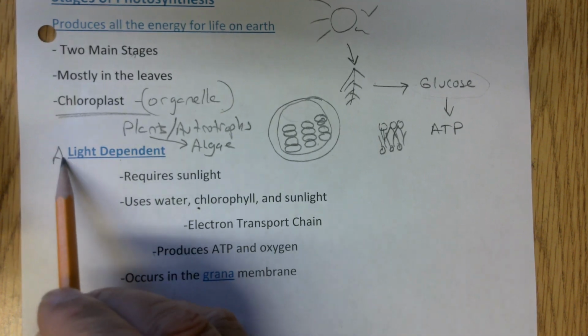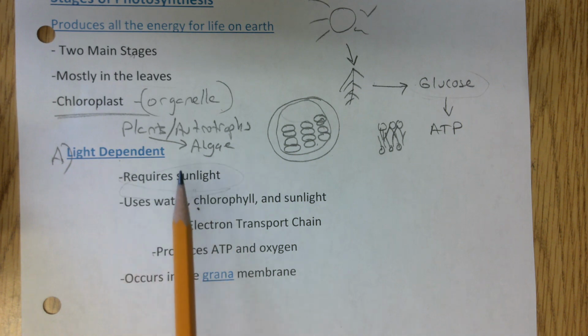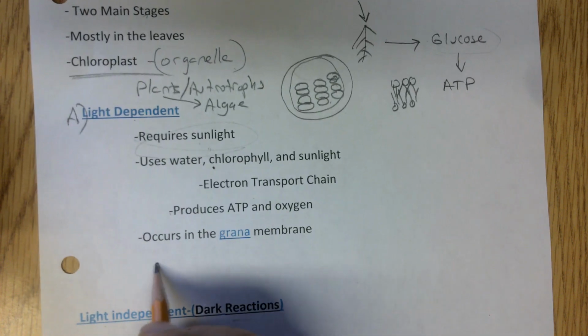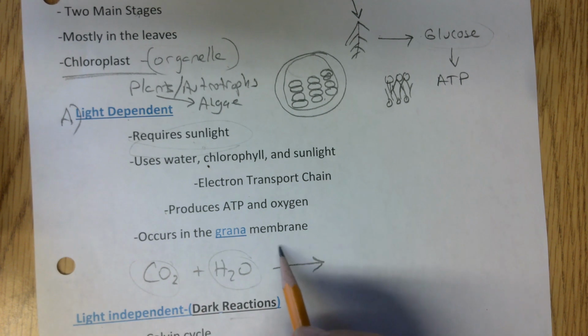So the first one is the light-dependent reactions, and this requires sunlight. So if the sun's not out, it cannot do this. When we think of photosynthesis, it's CO2 plus H2O. So these are the reactants. The plant or the organelle uses carbon dioxide, it uses water. The energy it relies upon is sunlight.